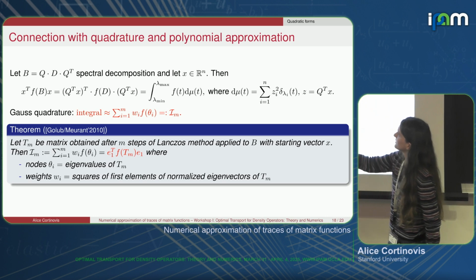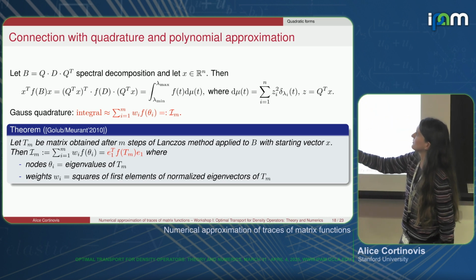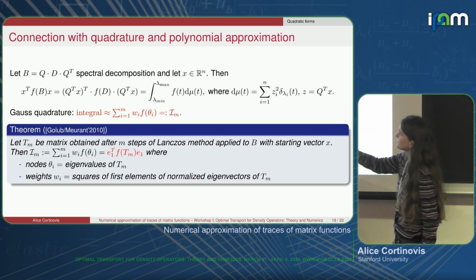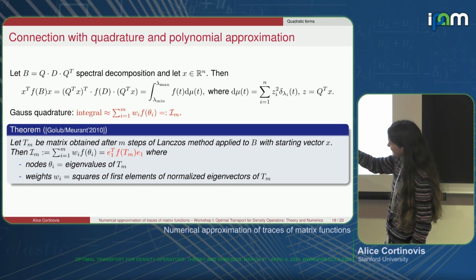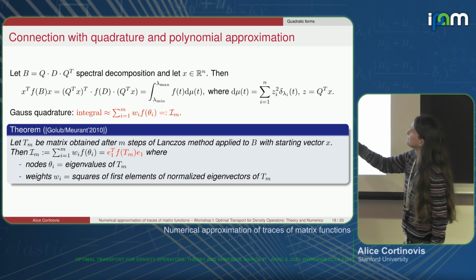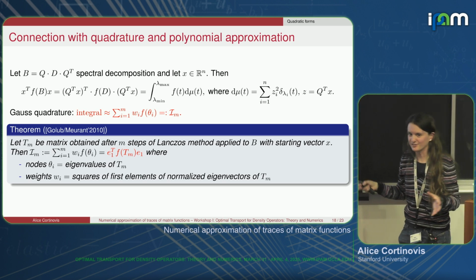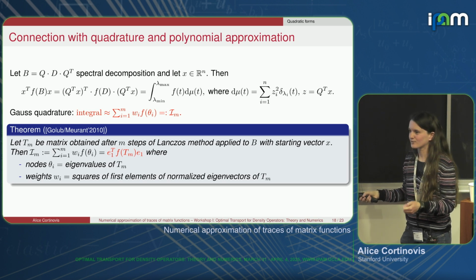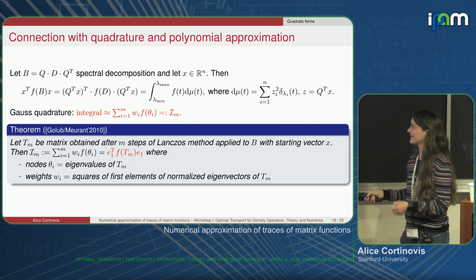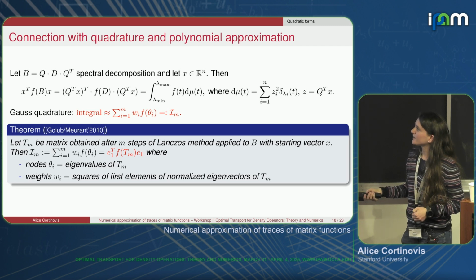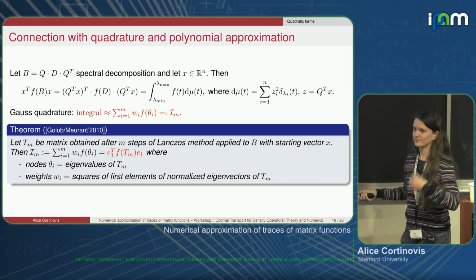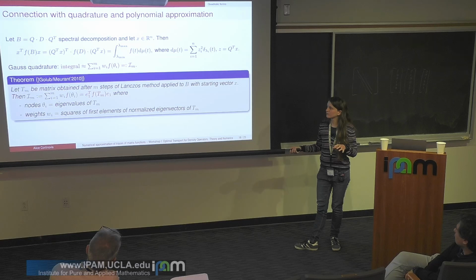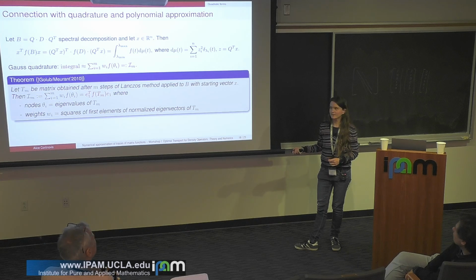If you take a spectral decomposition of the matrix B, you can rewrite x transpose f(B) x as an integral of f with respect to a suitable discrete measure that has suitably weighted deltas at the eigenvalues of the matrix. And now, of course, if you have an integral, you can do quadrature. It turns out that what I told you in the slide before corresponds exactly to applying a Gauss quadrature rule to this integral.